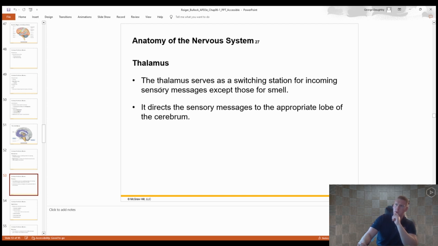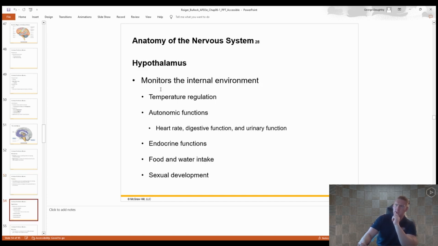Okay. Just talked about the thalamus, just talked about the hypothalamus. The big one is temperature regulation, but also keep in mind it's homeostasis on a number of levels. Even our food and water intake, it's responsible for production of some of our appetite hormones, such as ghrelin, right? If we need to eat more, then there's going to be some appetite there, blood sugar fluctuation, all kinds of things, right?